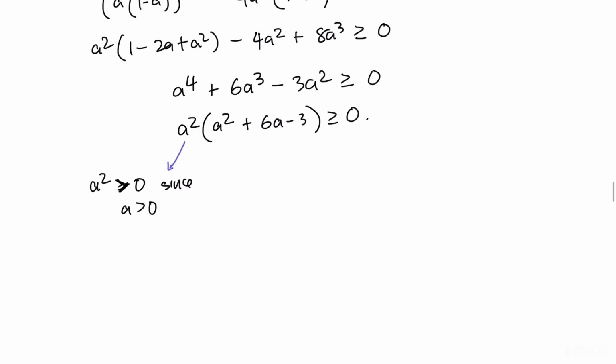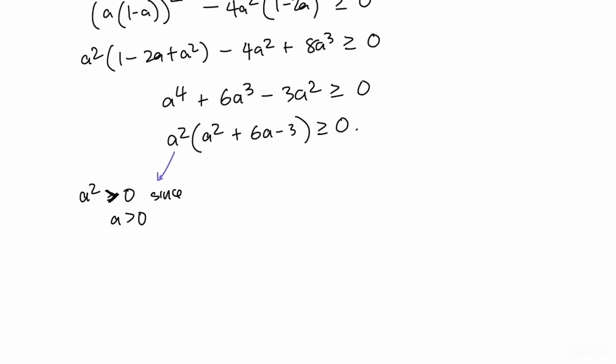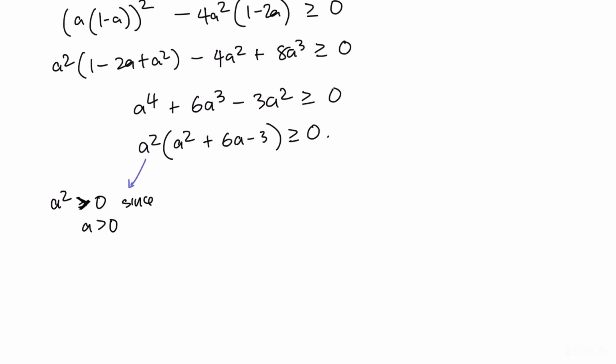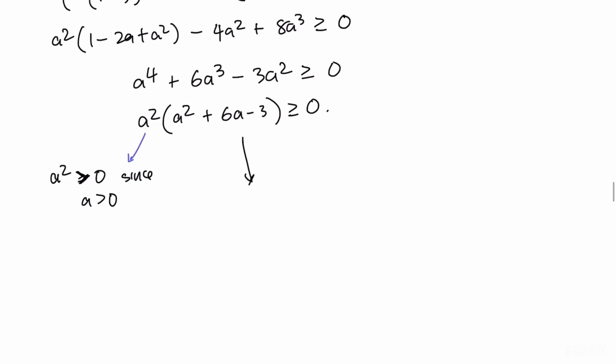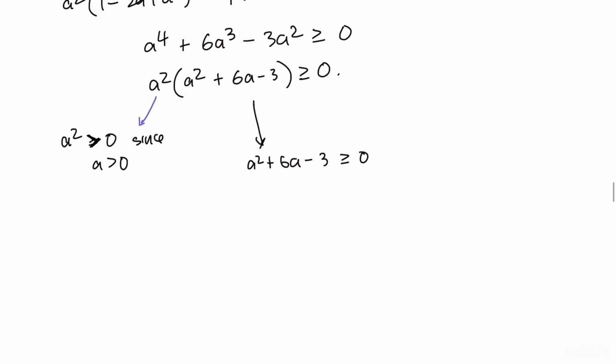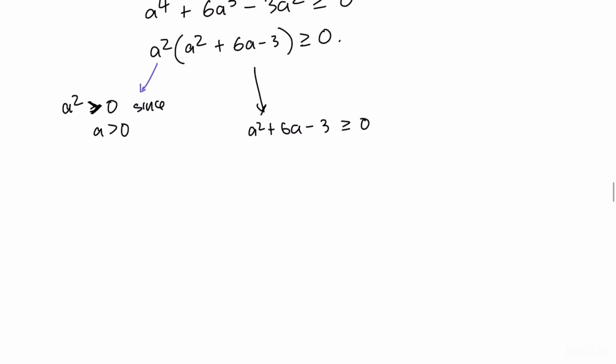So we know for a fact that the first factor, a squared, is always positive. So we know for sure that a squared plus 6a minus 3 must be greater than or equal to 0. But we're trying to find the minimum here, so we just equate this to 0 and then solve for a.